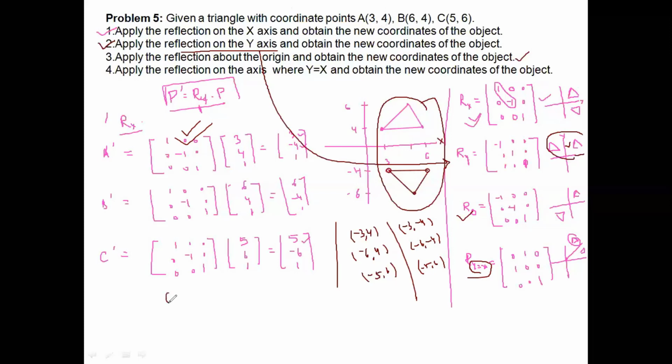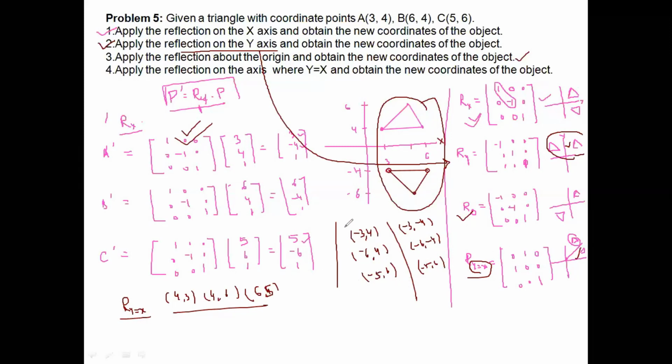Simply you will get these values 4, 3, and 4, 6, and 6, 5. So this is the reflection in the y is equal to x plane this way. I hope you are able to understand this.